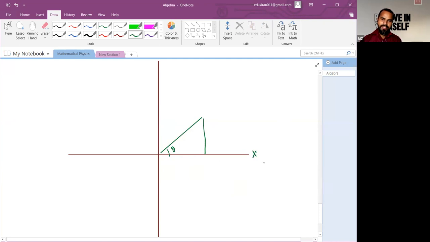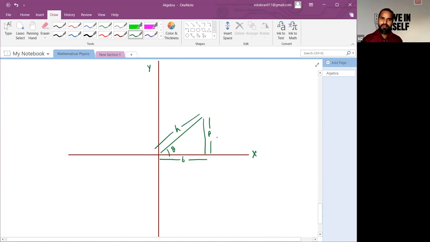This is your positive x-axis and this is your positive y-axis. So the base from this point to this point would be positive. The perpendicular would be in the upward direction, so it will be positive. And the hypotenuse is the square root of the sum of squares of base and perpendicular, so it will always be positive.